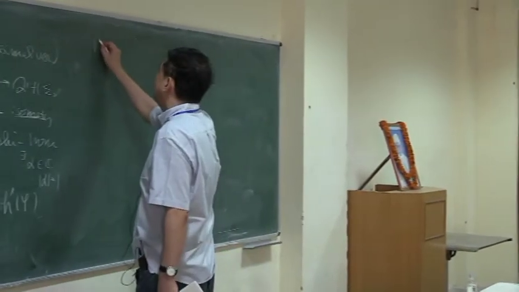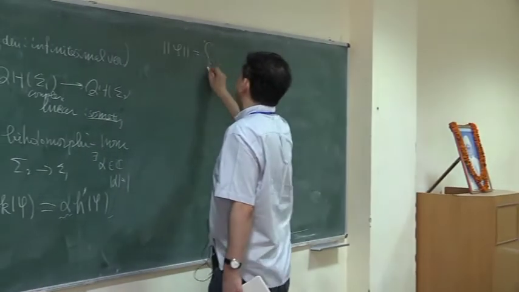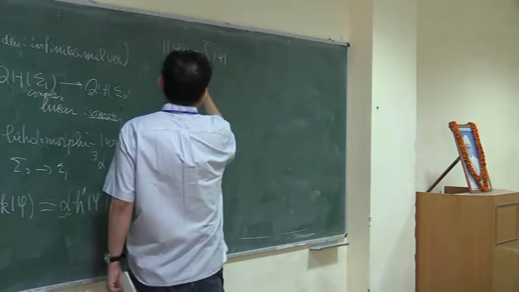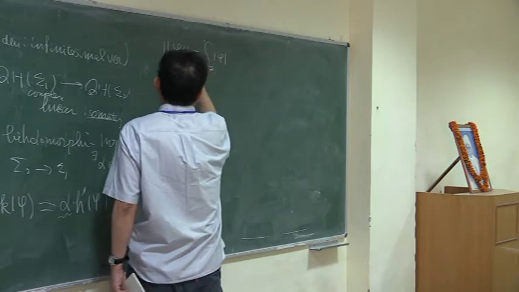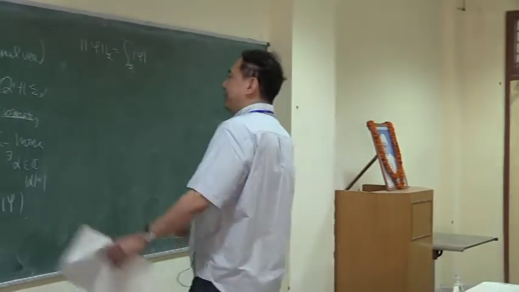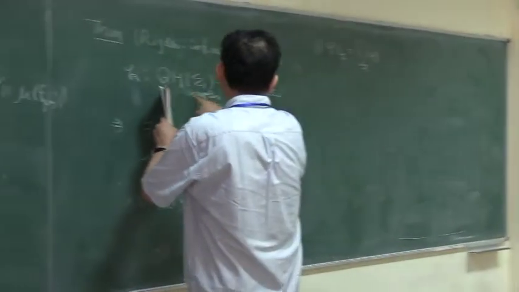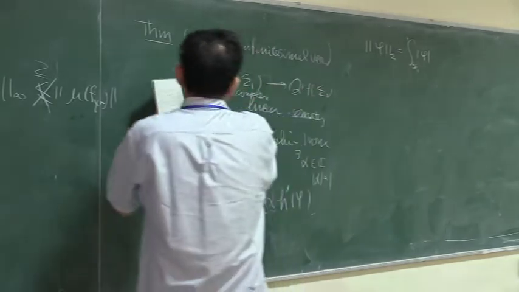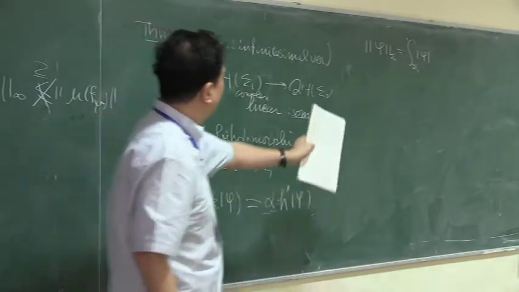So we recall that the norm was just the integration of this form on sigma. So the norm on sigma 1 is something like that. Okay. So this means that the norm of phi should be equal to the norm of K of phi.